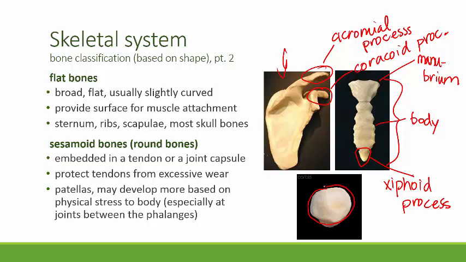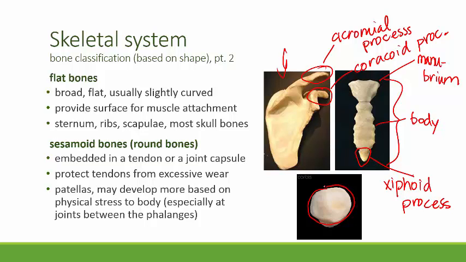Other sesamoid bones develop in the tendons or around a joint, and they are there to help buffer the physical stress of movement. There's a lot of rubbing that occurs, and so as part of the development of the body, over time, you can get these little pouches that develop that can help to prevent rubbing of a tendon, let's say, against a bone.